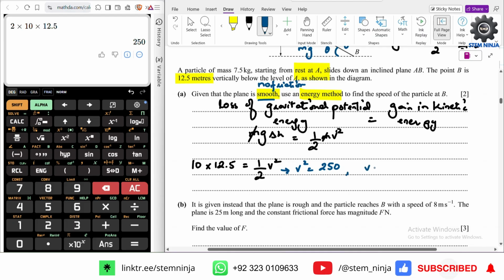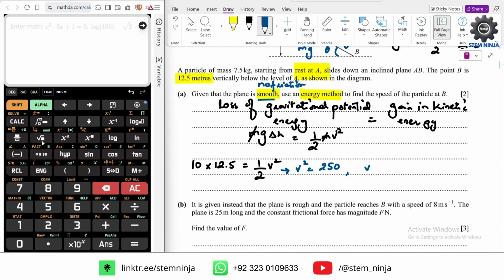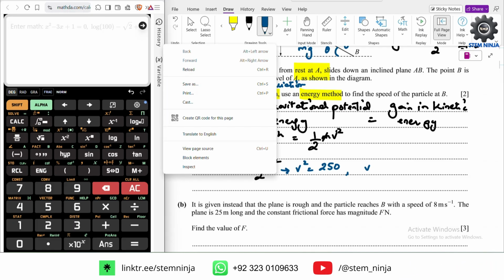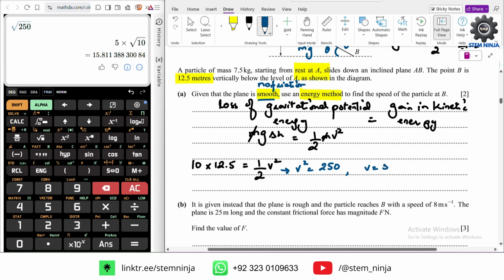So v would be the square root of 250, which is 5 square root 10, or 15.8. You can also add 1 over here, but 3 significant figures would be fine.